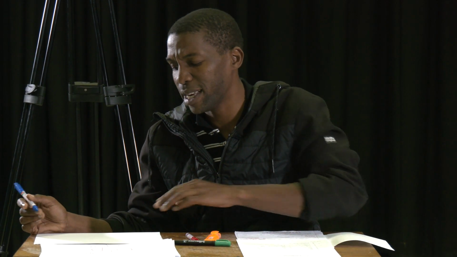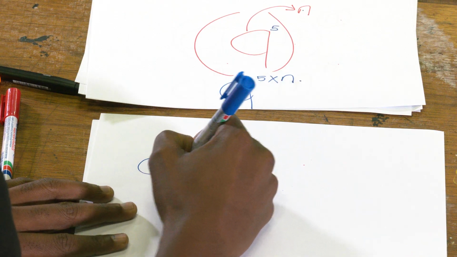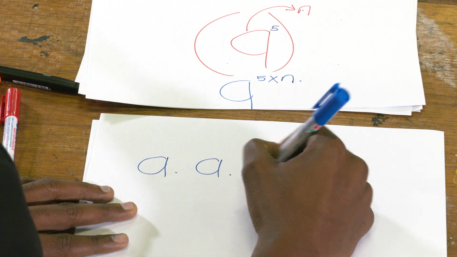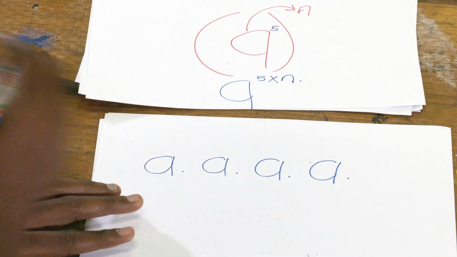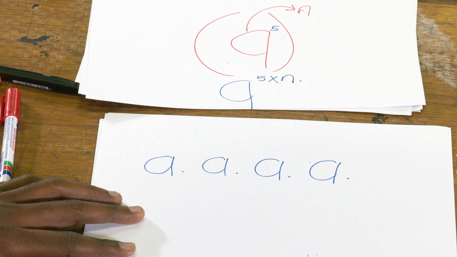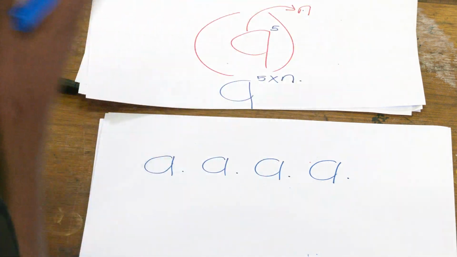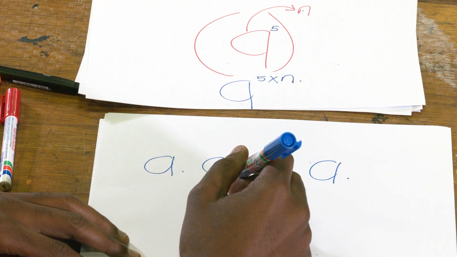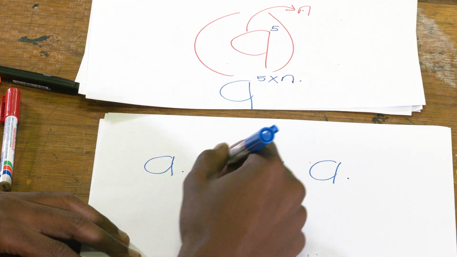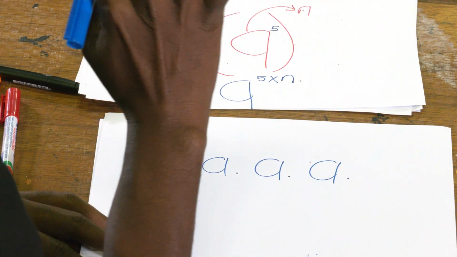And remember, exponents, in essence, are saying, let's say you had a multiplied by a, multiplied by a, multiplied by a. So 4 times. So exponents are an easier way of writing this. So what you are doing is multiplying the letter by itself 4 times.